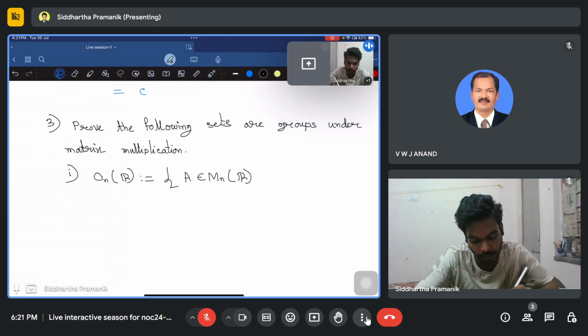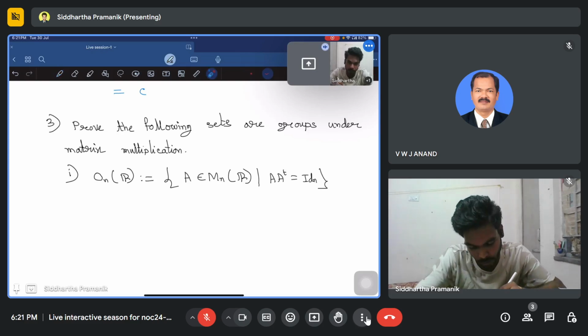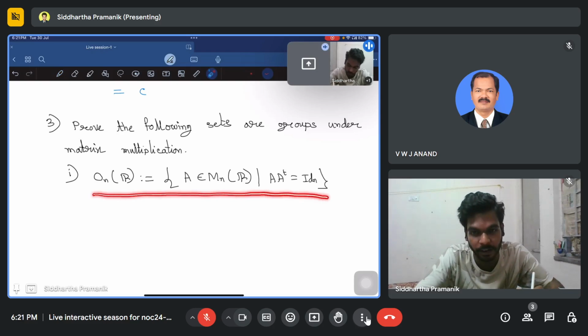In those lectures, he has introduced the notations, such that A A transpose equals the identity matrix of order n over R. So this is basically the set of all n by n orthogonal matrices over R.